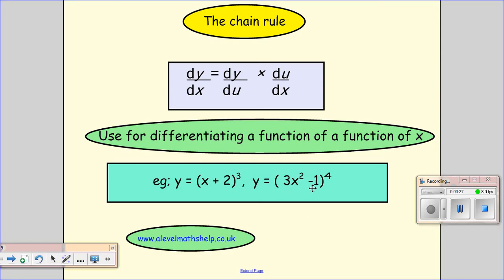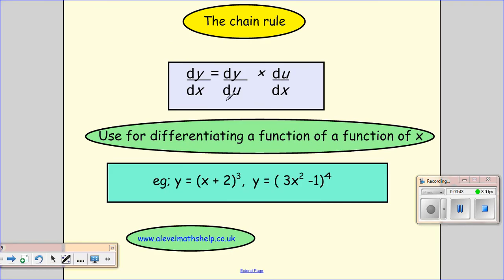So it's not just a straightforward x cubed or x to the power of 4. Now the chain rule says this here, that dy by dx is the same as dy by du times du by dx. And when you're doing this, you will have to put this together yourself sometimes.